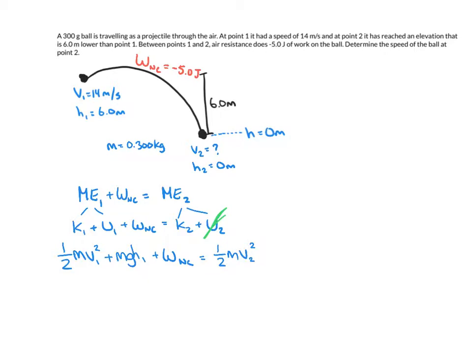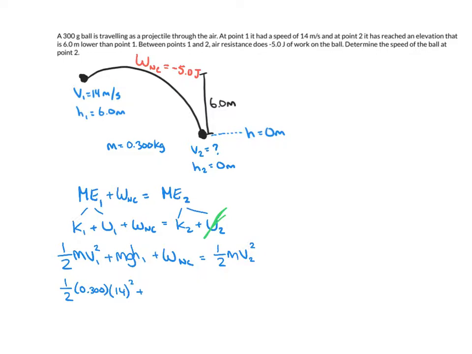All right, at this point we can either plug in the numbers, calculate it all out, and isolate for V2, or we could rearrange it all for V2 first and then plug in the numbers. That's up to you. In this question, I'm going to just go with the plugging in numbers first method. So I'll plug in the mass and the speeds, or the first speed.